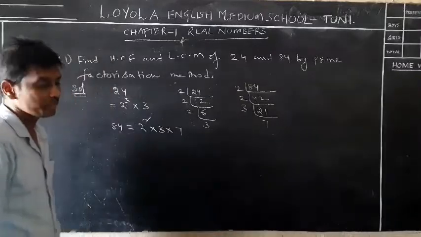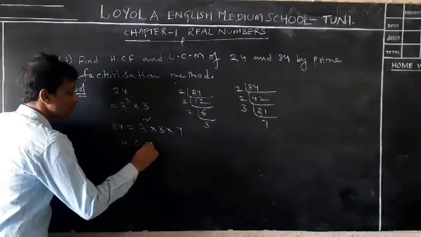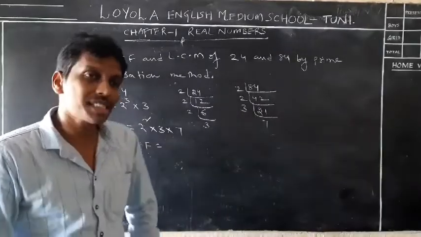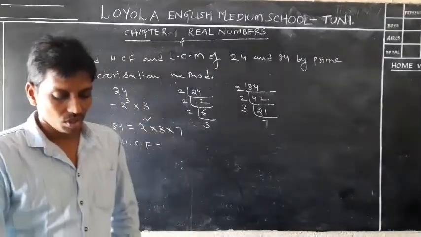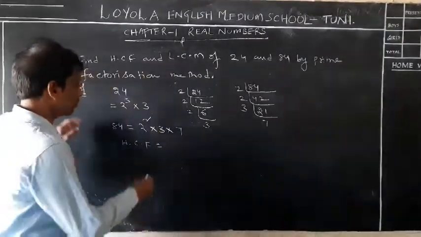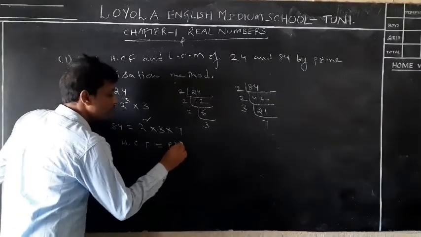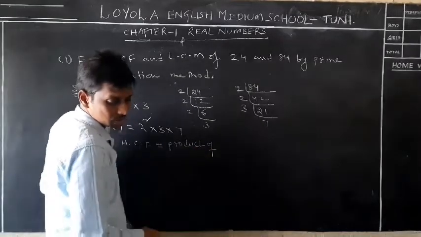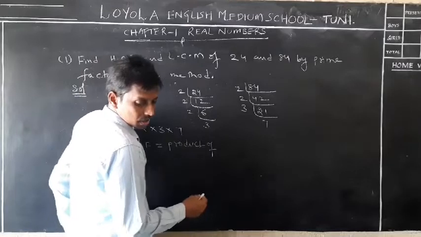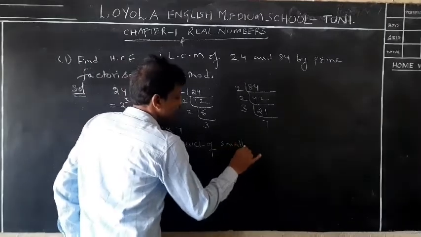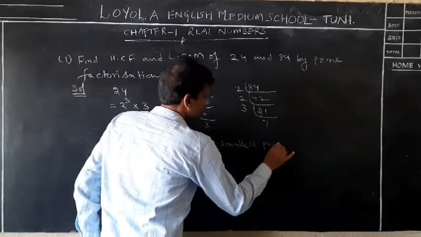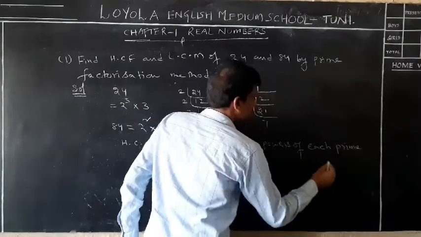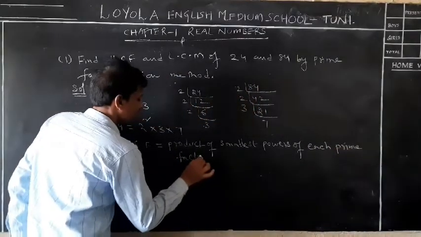And now you see what is HCF. HCF is nothing but the product of the smallest powers of each prime factor.